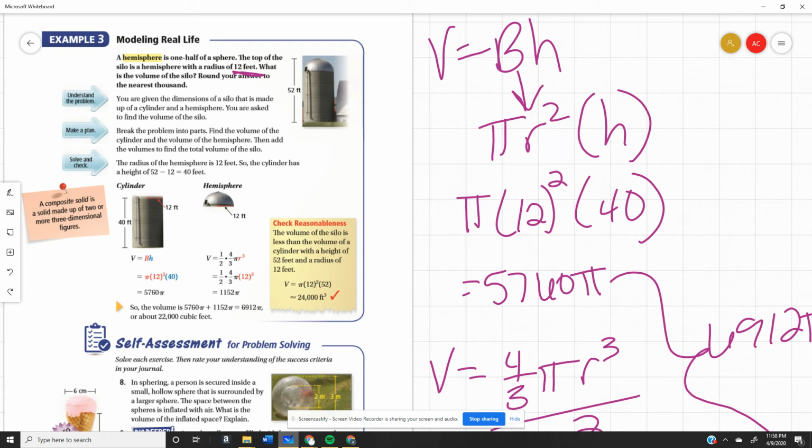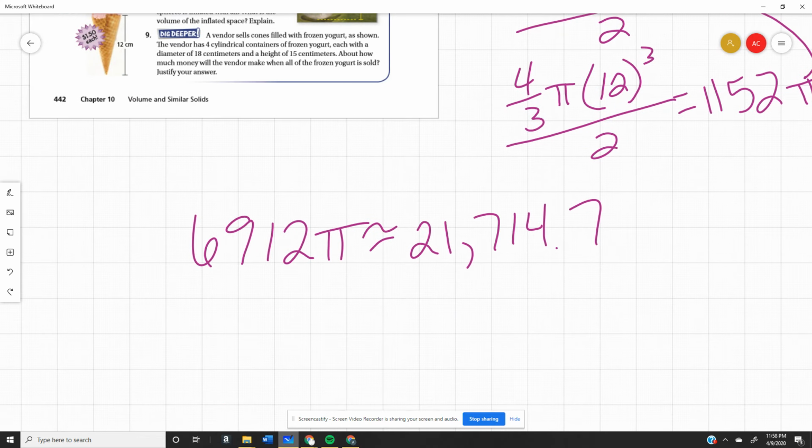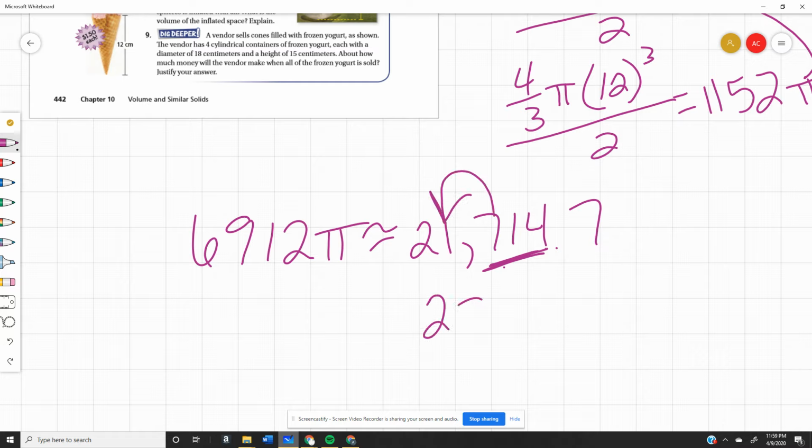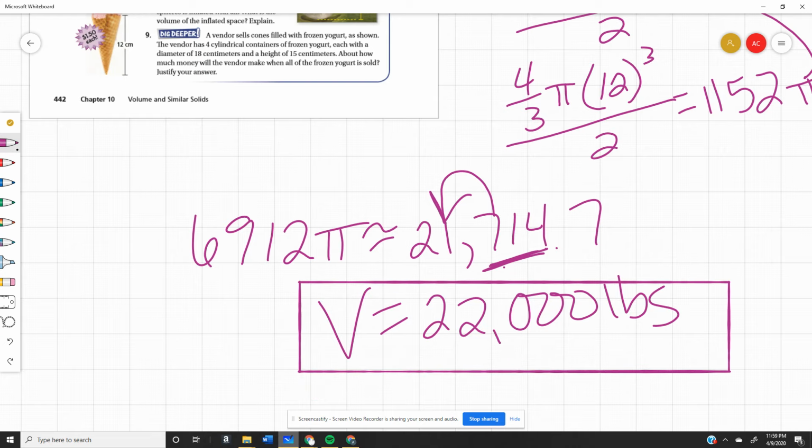Notice it's thousand, not thousandth. So that means it wants it basically as the nearest whole number to the thousand place. So when we look at this, it's 21,714. This 700 right here tells me that I'm going to round my 1 up to a 2. So this is 22,000 pounds is the volume of the silo.